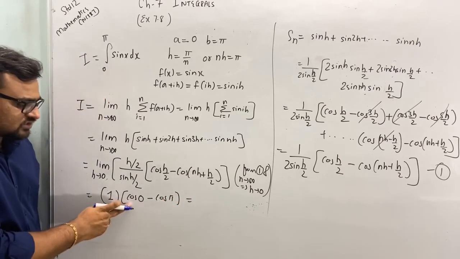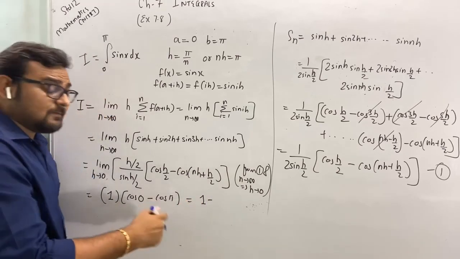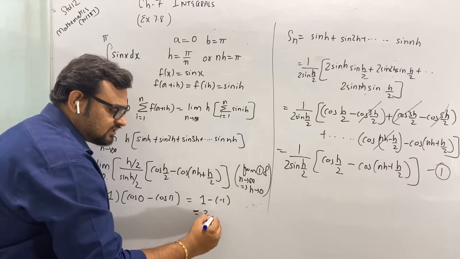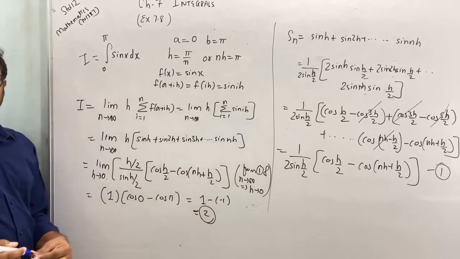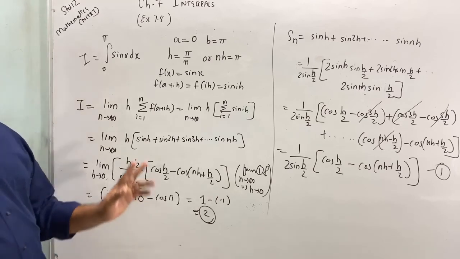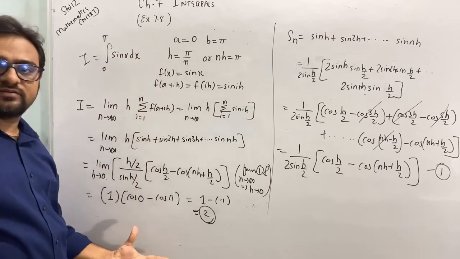Okay, so now what is cos 0? 1, minus cos pi, which is minus 1. So 1 minus minus, plus 1, the answer is 2. Clear? Okay, so remember this step. If it is cos x, then also you will use this similar method.